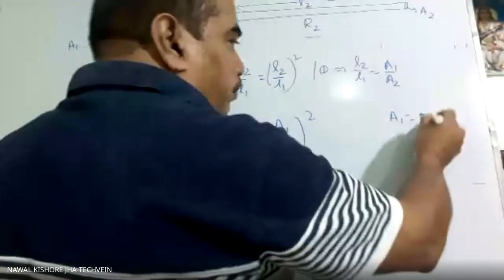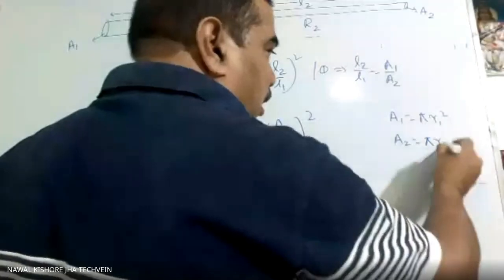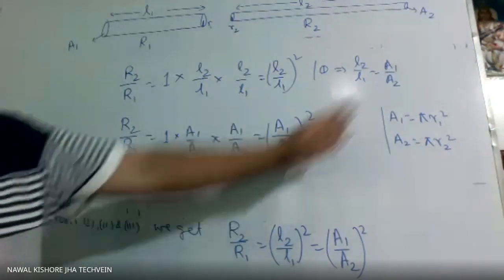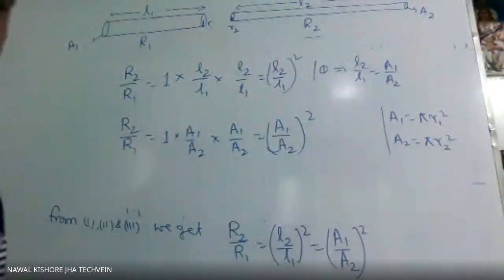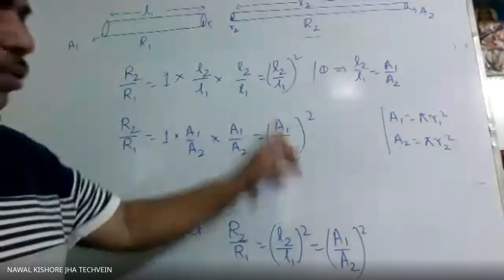So A1 is pi R1 square, A2 is pi R2 square. So A1 by A2 is how much? Pi R1 square by pi R2 square. So pi will be cancelled. A1 by A2 will become R1 by R2 whole square.